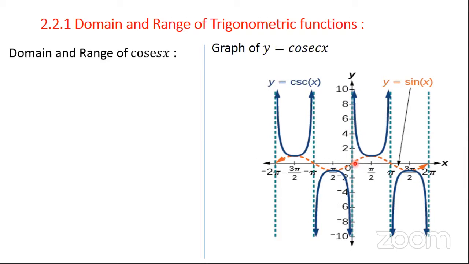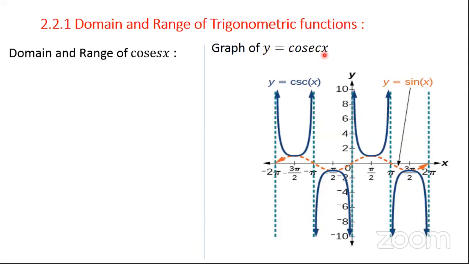Similarly, if we see the value of sin 180 degrees, sin 180 degrees is again 0. Therefore, cosec 180 degrees, that is 1 upon sin 180 degrees, is again 1 upon 0, an undefined form.